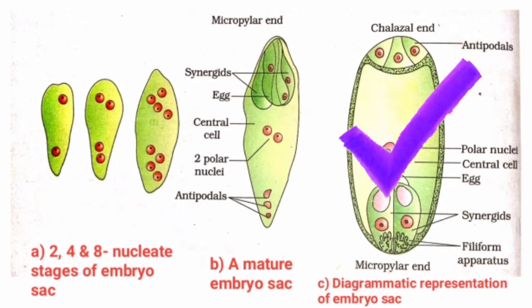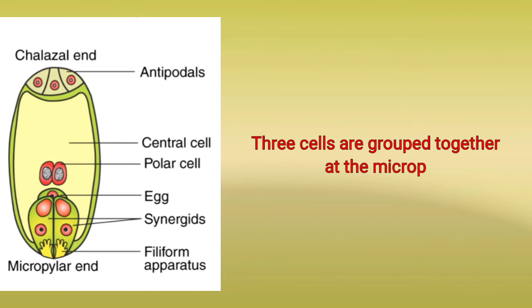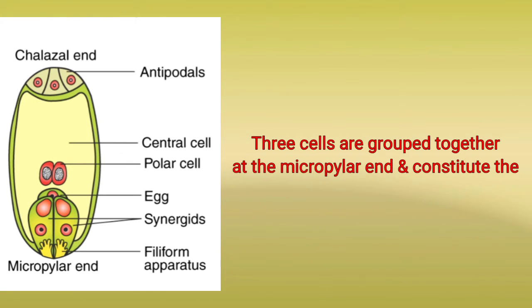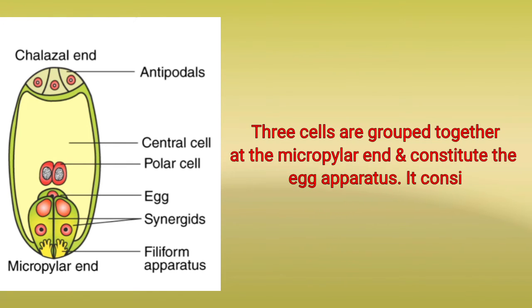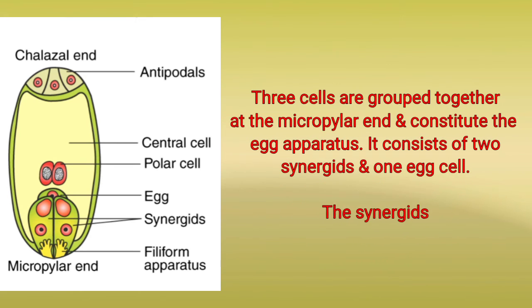Now let's see this diagrammatic representation of the embryo sac. As we already know, 6 nuclei are organized into cells, and out of 6, 3 cells are grouped together at the micropylar end and constitute the egg apparatus. This egg apparatus consists of 2 synergids and 1 egg cell.